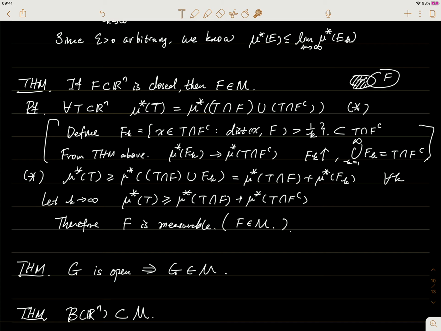And since all these open sets are included in the set of Lebesgue measurable sets, and this M is also a sigma algebra, the smallest sigma algebra generated by the open sets must be contained in the family of Lebesgue measurable sets.